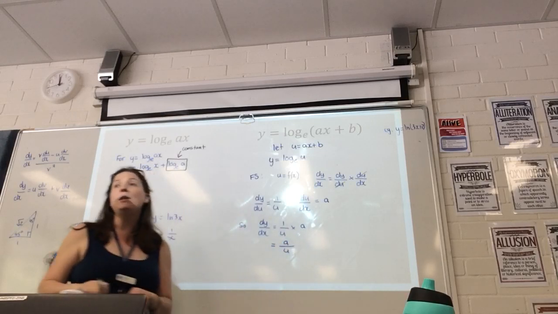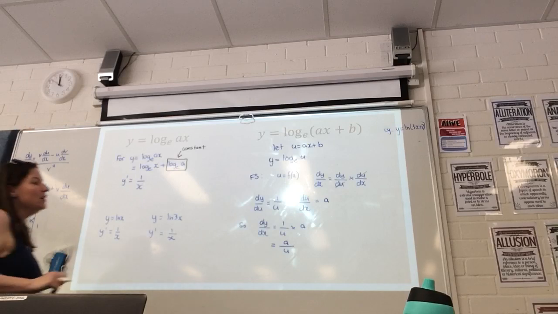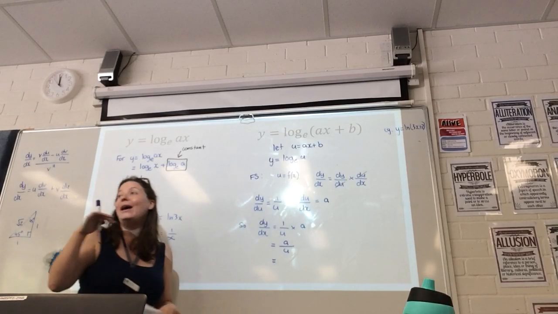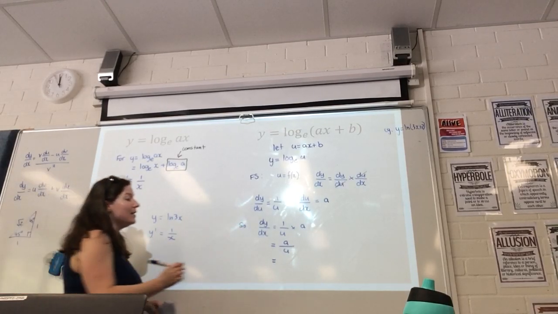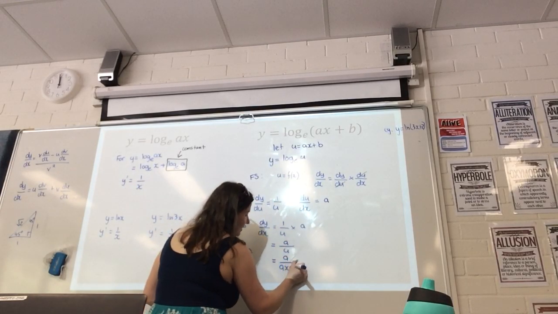Okay, but there's actually a problem with this. I made up u. Okay, like I said those words myself. So proud, Alicia. Okay, so I do need to just pop x back in. So that's a over ax plus b.